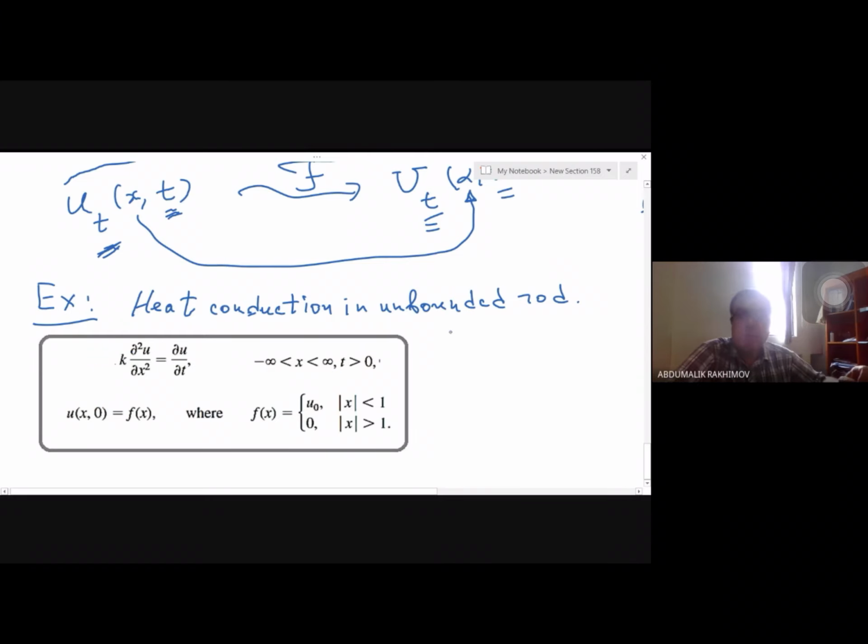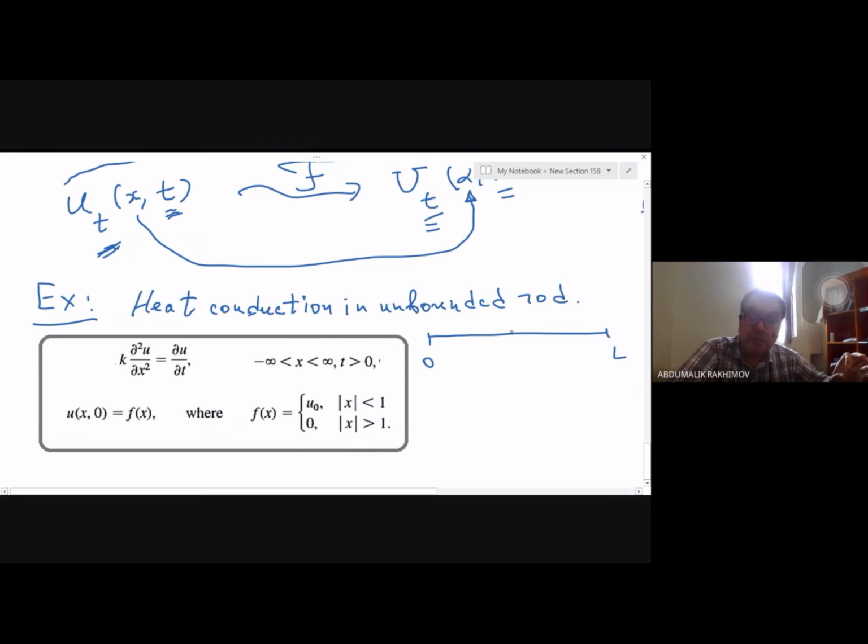We know that a rod is bounded. Let's say this is a rod, length is equal to L. In order to study heat conduction in a rod, you must know the initial condition plus two boundary conditions, because it has two boundaries. Let me just consider the following problem.